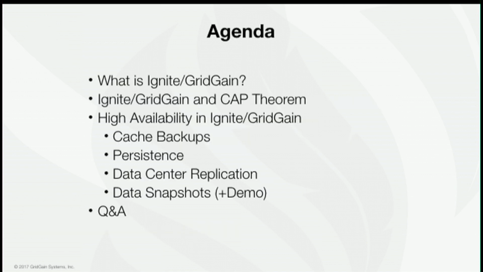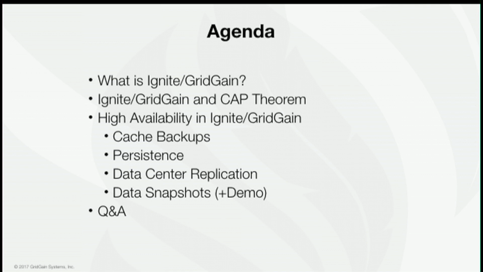In more detail, here is the agenda for today's talk. I will start with a very short introduction about what Ignite and GridGain are. Then I will talk about how Ignite and GridGain stand in the CAP theorem.